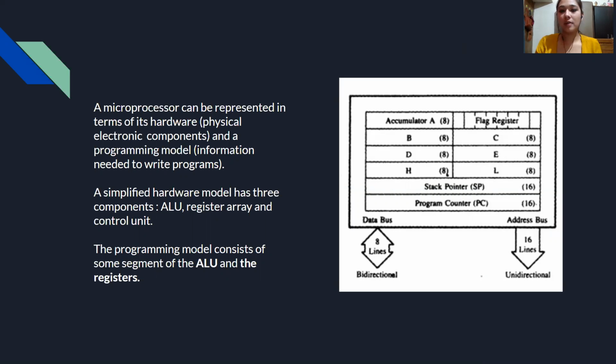Now, what are the components? At first, we want to know that the programming model does not include the structure of the 8085 microprocessor, or give us any information about its structure, but it is very critical in writing assembly language programs.